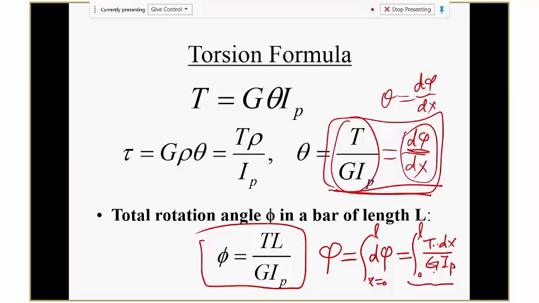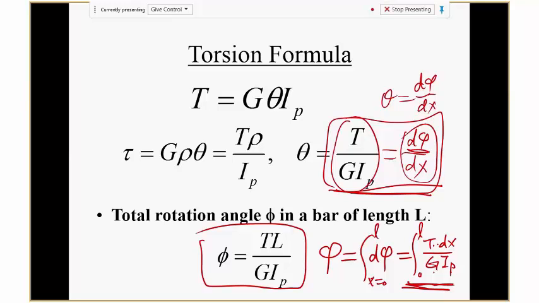Okay, so now you understand why we say this equation will only apply to a uniform shaft, uniform bar. Because only when it's uniform, you can take it out. In general, if it's not uniform, it doesn't matter. I just calculate it this way, do the integral. But for this class, we'll make it easier.